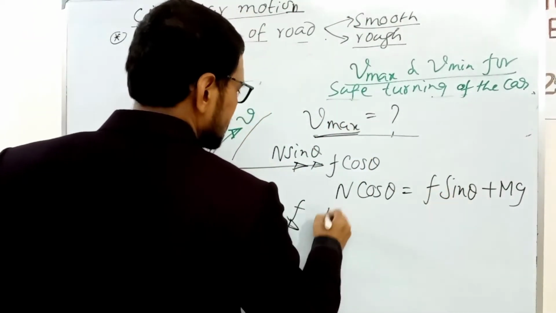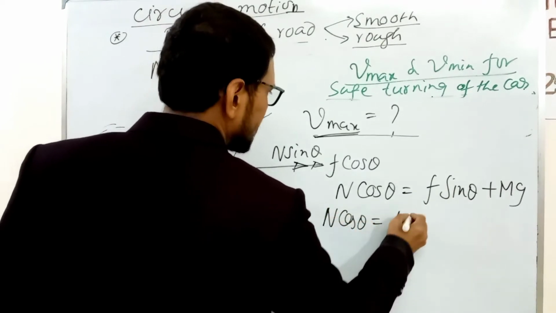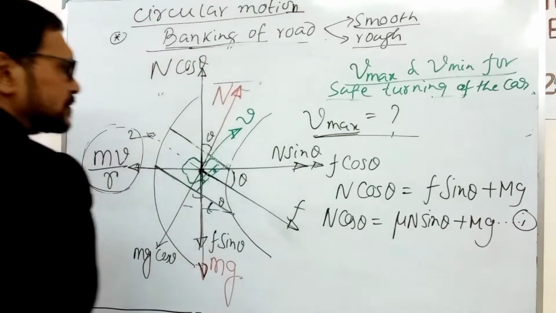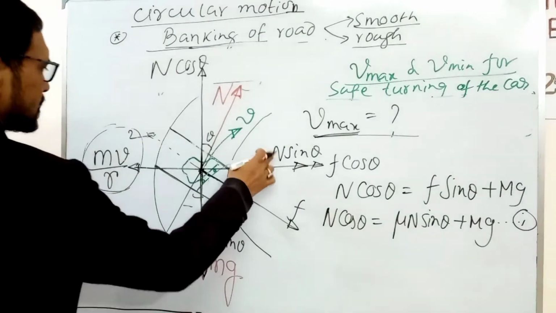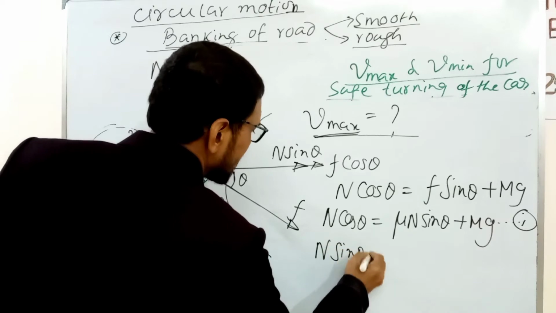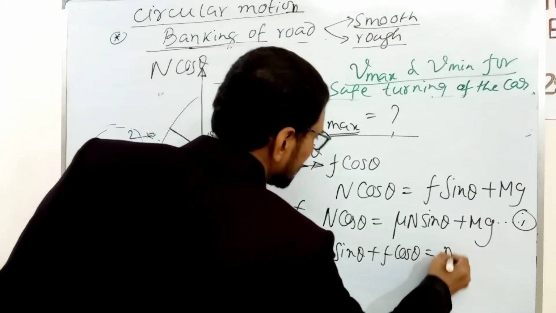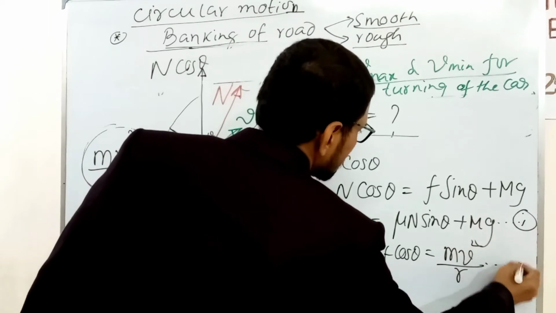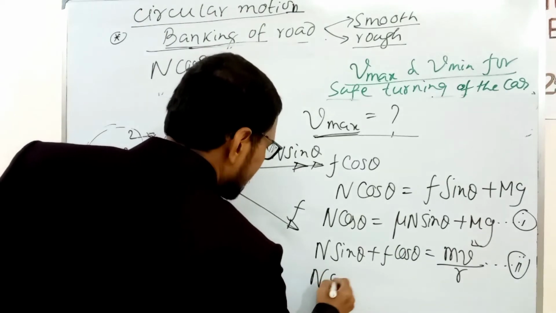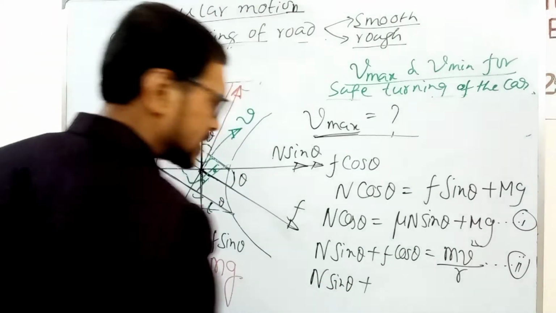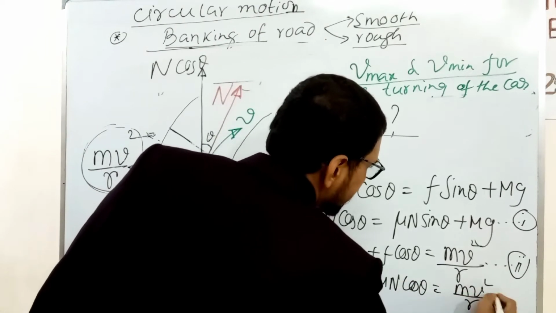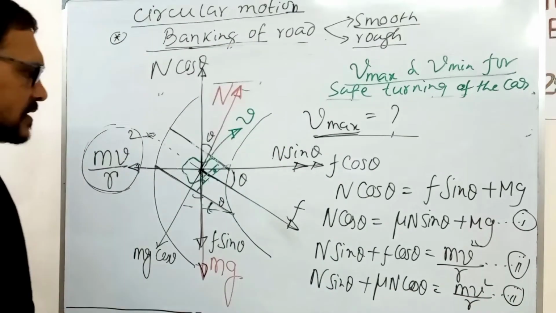Now we calculate the maximum velocity. N cos theta equals mu N sin theta plus mg. Now N sin theta plus f cos theta balances mv square by r. This is equation 2. Now if we put f equal to mu N, then N sin theta plus mu N cos theta equals this.